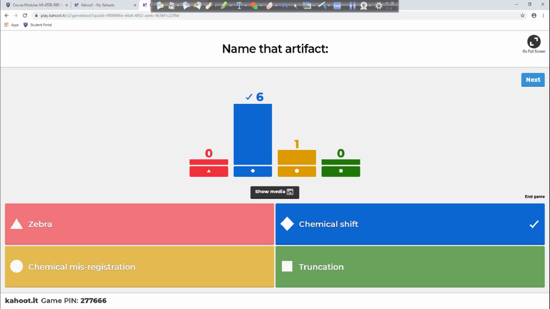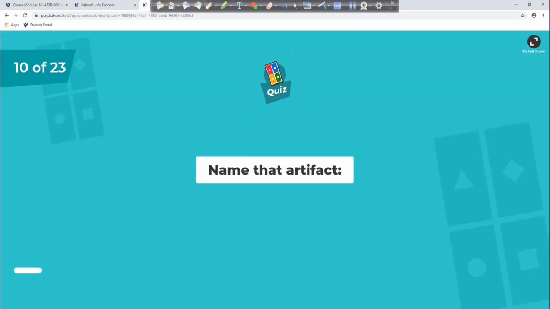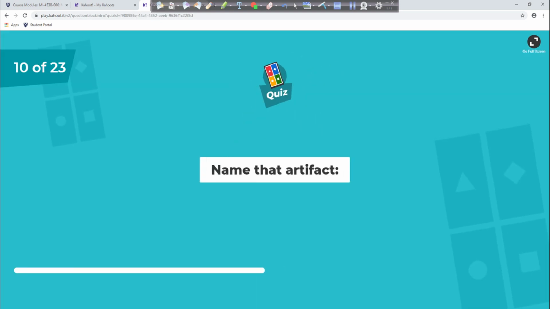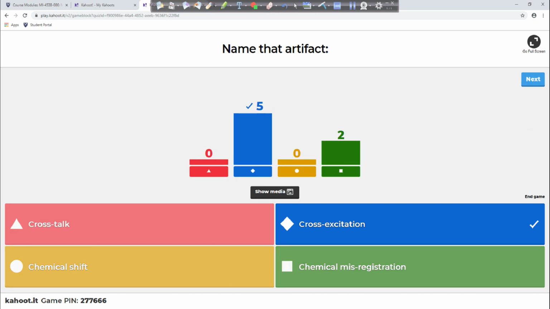Black on one side of the kidney, light on the other. If you have multiple slices, you know it's cross excitation.